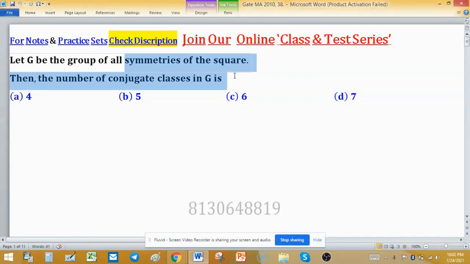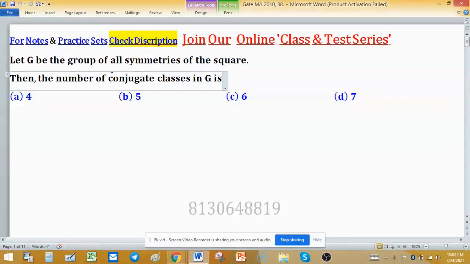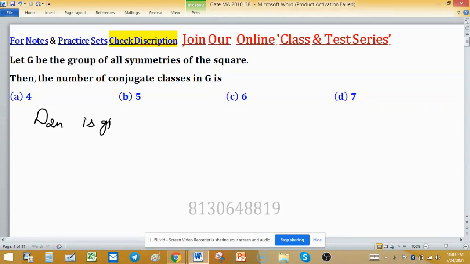Let G be the group of all symmetries of the square. Then the number of conjugacy classes in G is? To solve this problem we will use a direct formula. The number of conjugacy classes in D2n is given by (n plus 6) divided by 2.